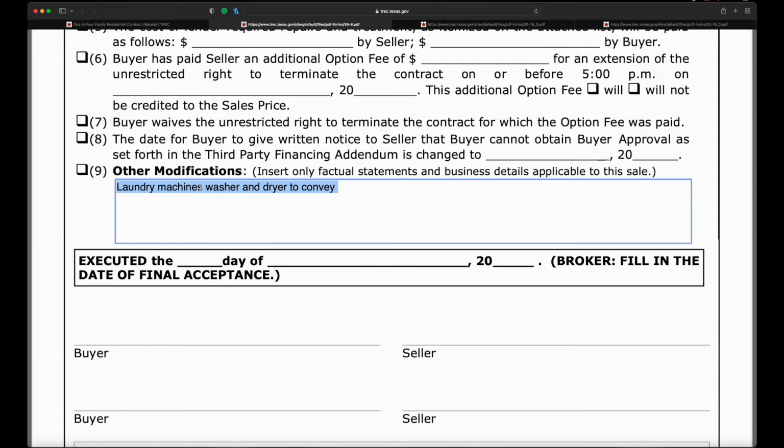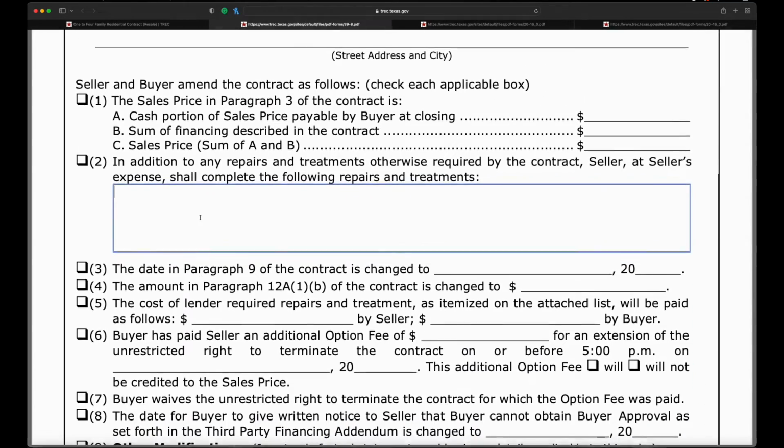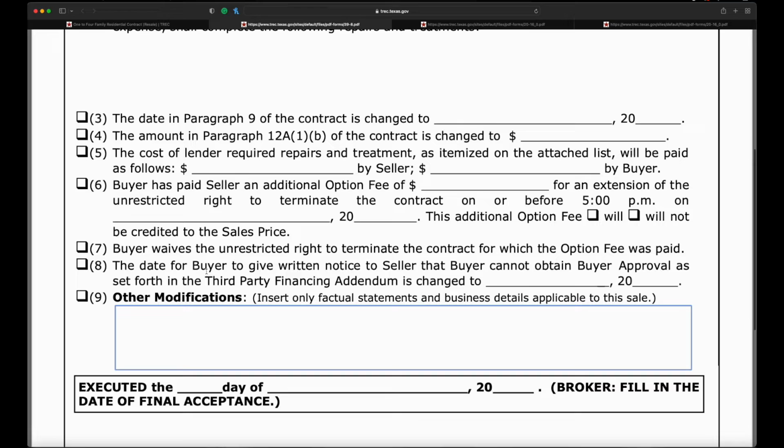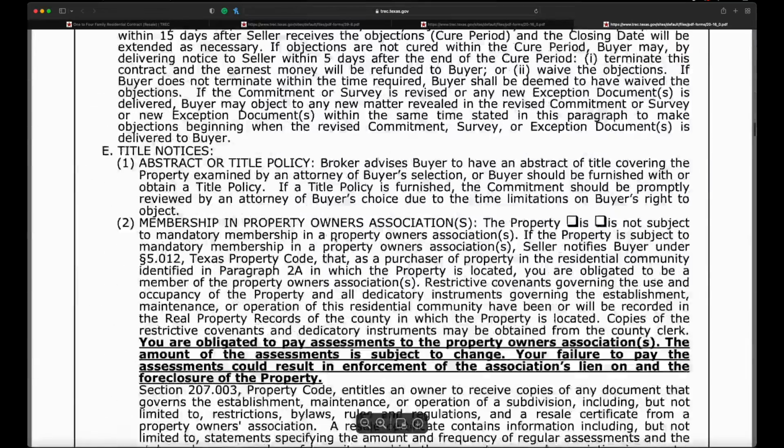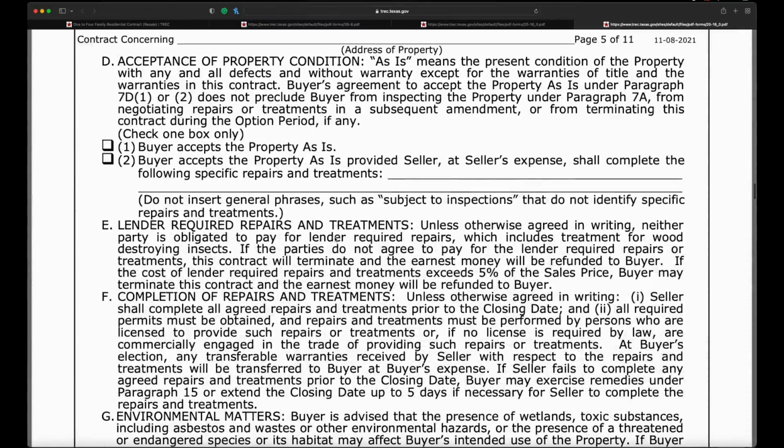Or if the carpets are very dirty, well, no, that will go up here on the repairs, if you're going to renegotiate that. But if they have a lot of potted plants outside or something like that, you could put pots to convey. And that's after your contract, after you get it. If you're barely negotiating, that kind of stuff, you'll put it in this section here.